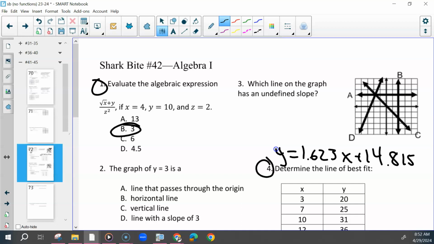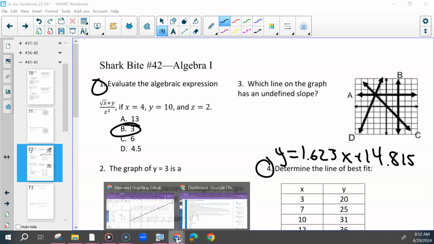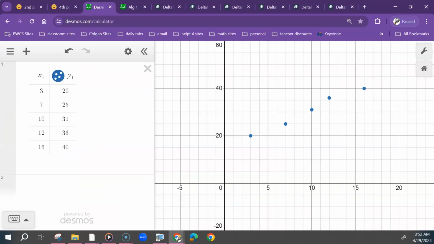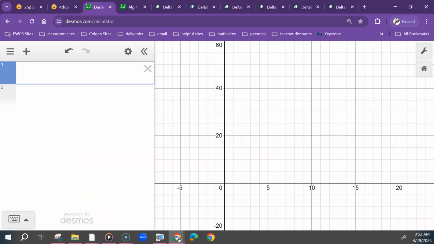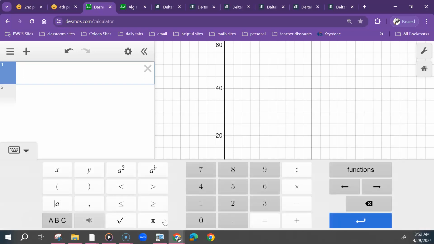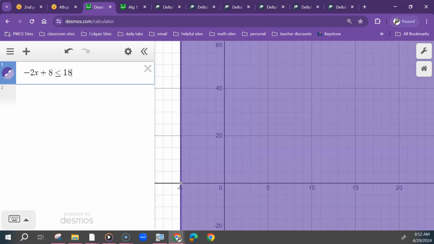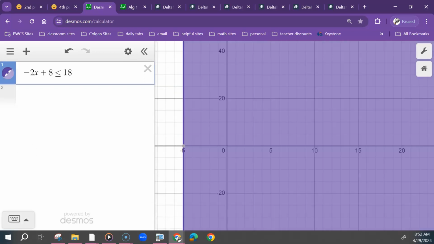And then number 5 can be done in Desmos. So negative 2x plus 8 less than or equal to 18. It's going to give you a vertical line that's solid, so that would be closed on your number line at negative 5, going to the right.